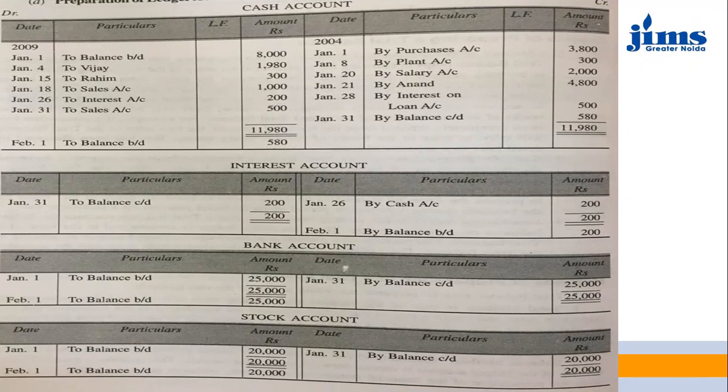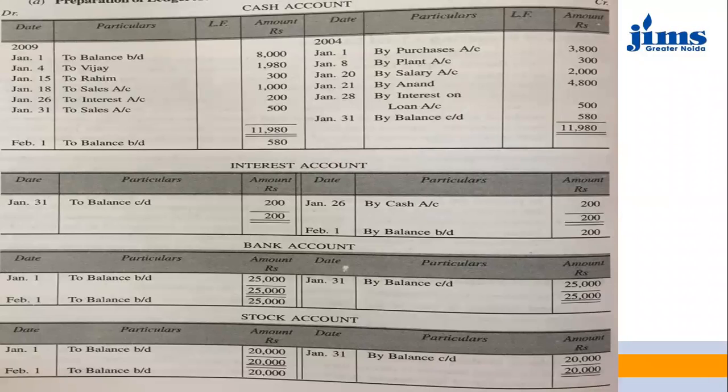Both ways the solution is right. It is dependent upon your taking up of the question, how you want to take it. If you prepare one interest account, you can put in the debit and the credit both items here also, like the interest what you have received and the interest what you have paid, you can put it under the same account also. But if you want to prepare a separate account for that, you can prepare it separately also.